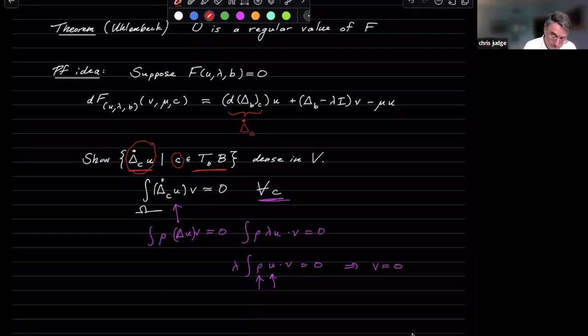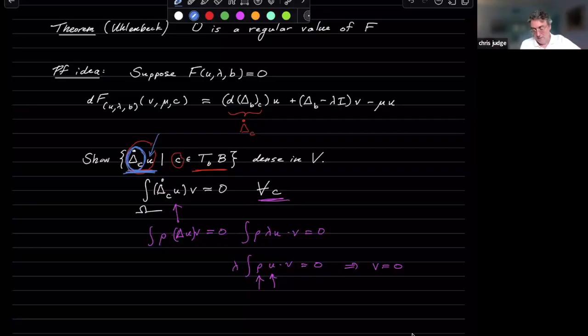Here u is fixed, and the way I generate new stuff is by doing this. So I have to make sure that even for a fixed u, I can use enough variations C so that this set is large. Maybe you just need conformal deformations, maybe you just need volume preserving deformations.